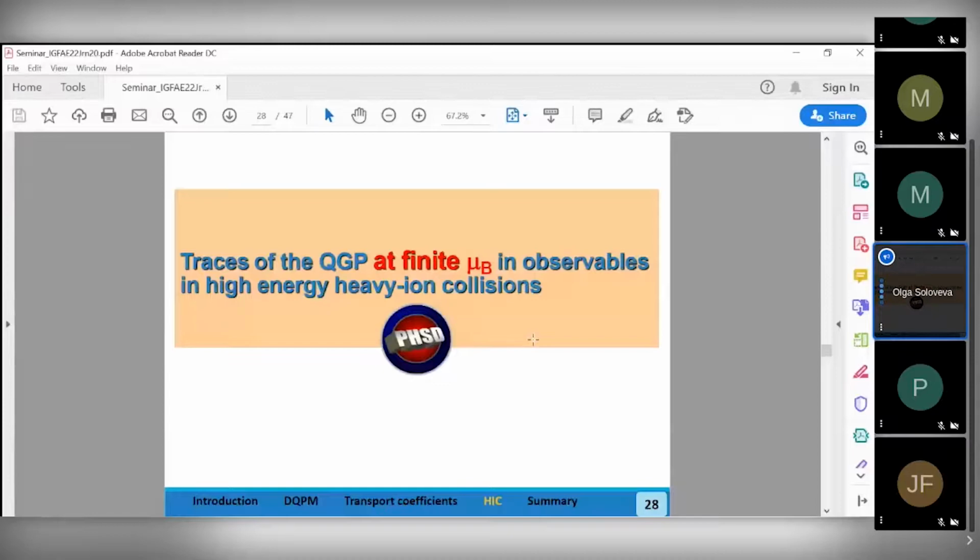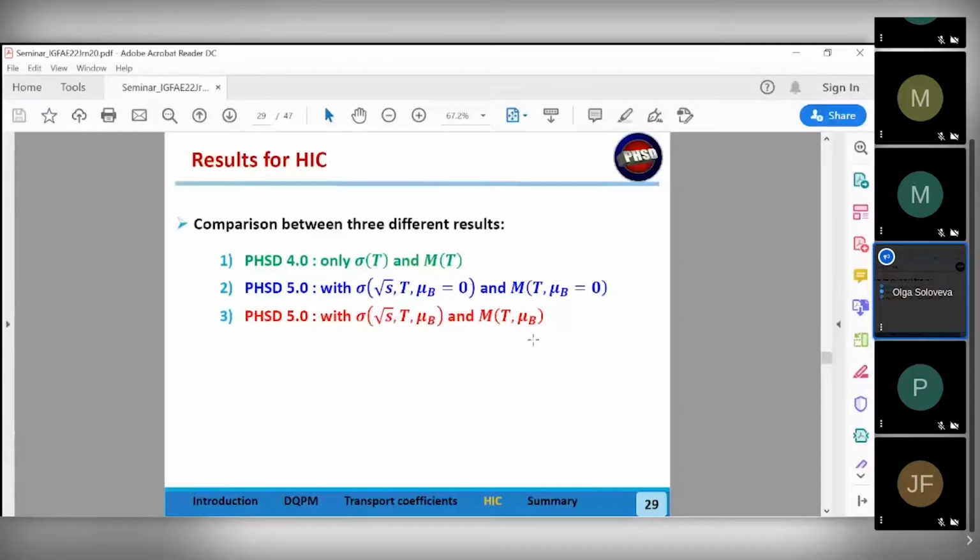So we will consider a few setups for PHSD. PHSD4 corresponds to the case where the cross-sections and effective masses of quarks and gluons depend only on temperature. It will be the green line.